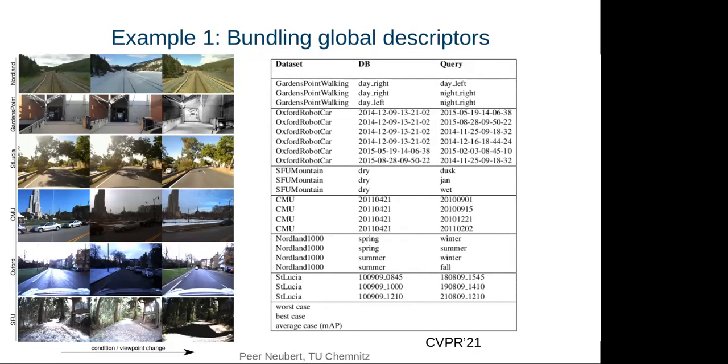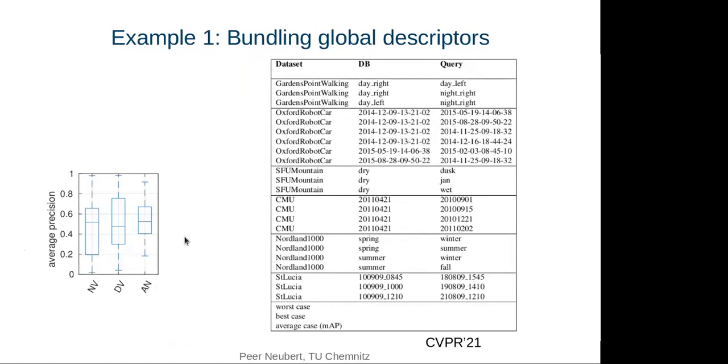Okay, so let's have a look at some existing state-of-the-art holistic descriptors. So what's their performance? Here we have box plots of NetFLAT, DenseFLAT, and AlexNet, so three established descriptors, and we measure average precision, so again, higher is better.